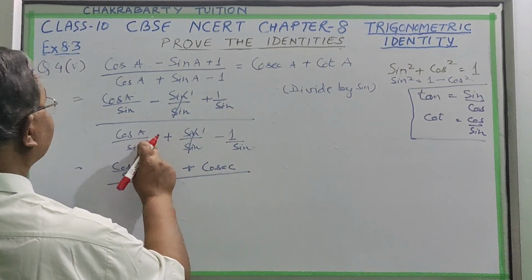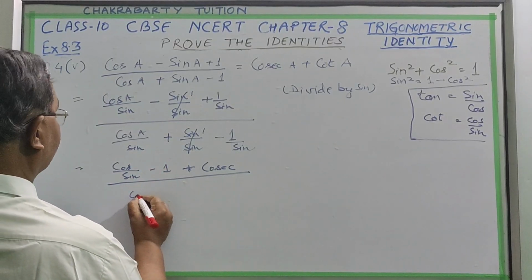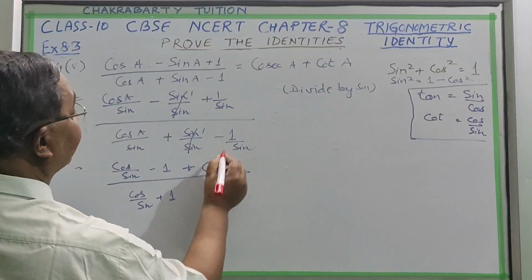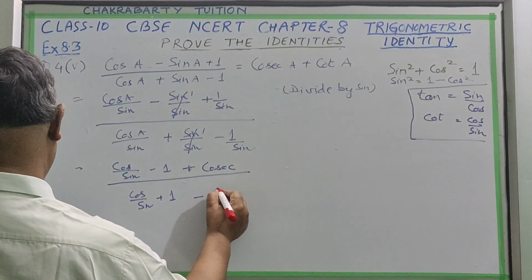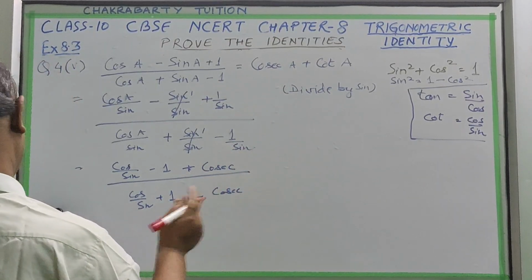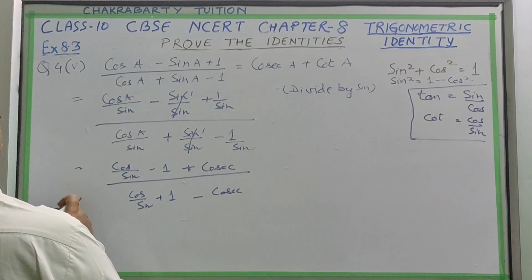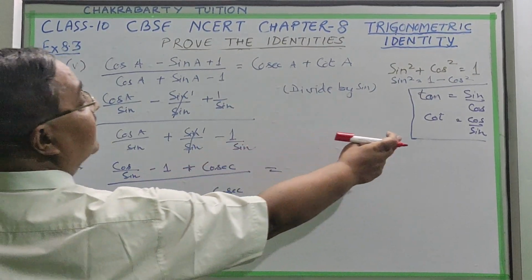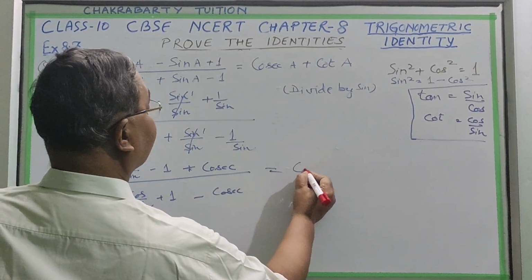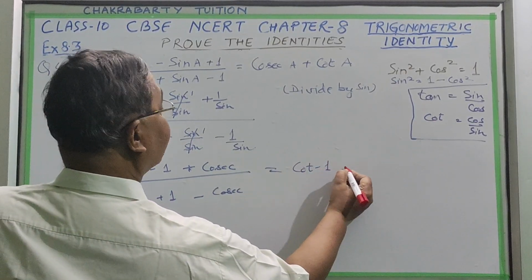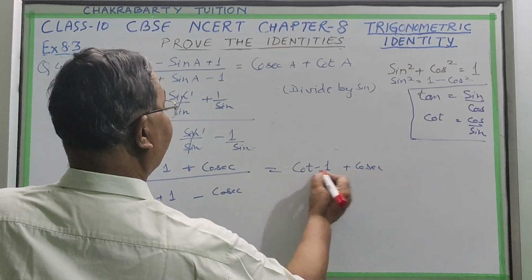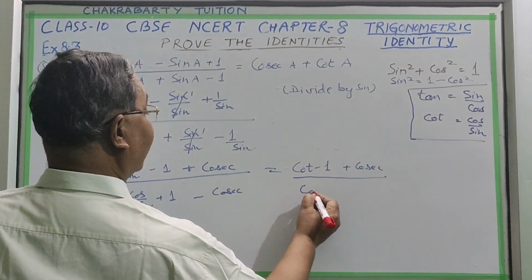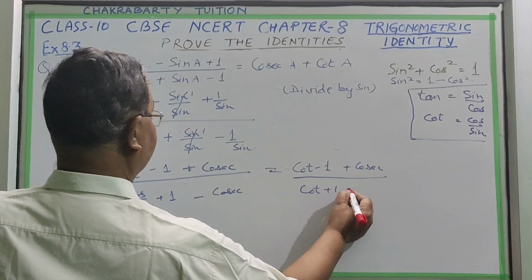And in the lower side cos upon sine plus 1 will come, and here 1 upon sine, again we can write it as cosec. So here cos upon sine we can write it as cot minus 1 plus cosec. And here also cos upon sine we can write it as cot plus 1 plus cosec.